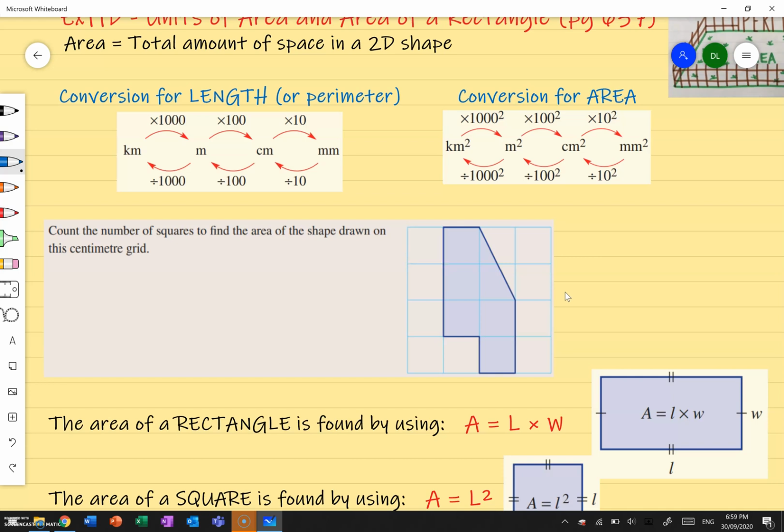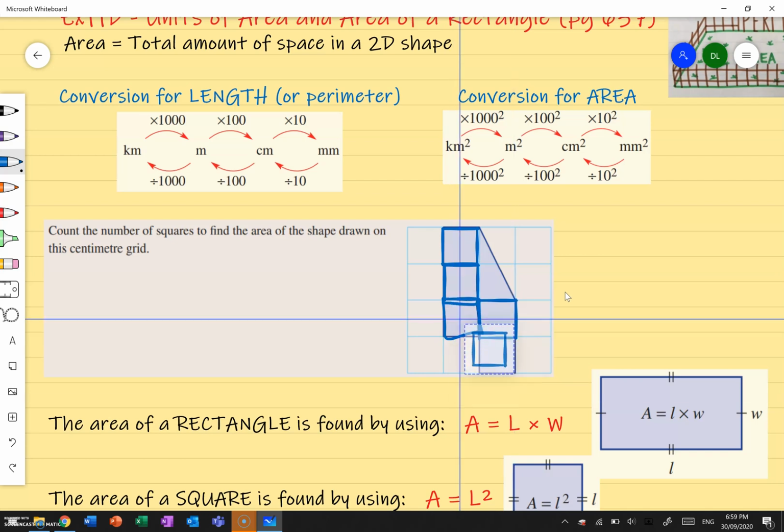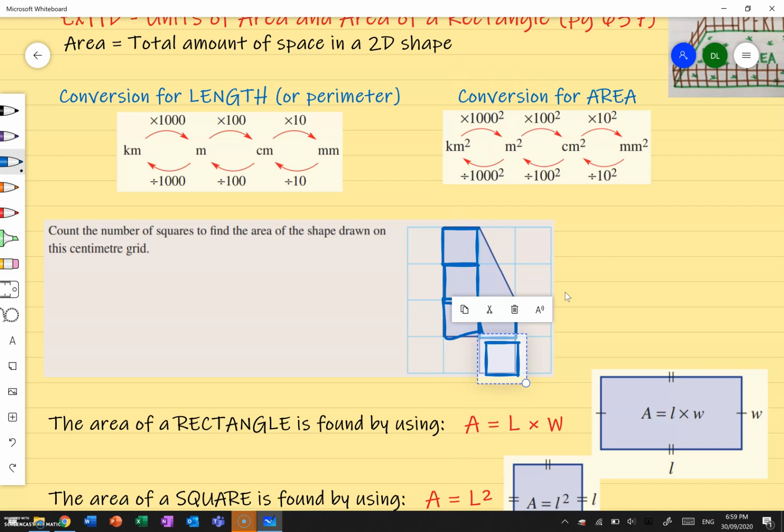I know off the bat there's 1, 2, 3, 4, and 5, okay? They're not perfectly drawn, but that's 5 centimeter squares in our shape.